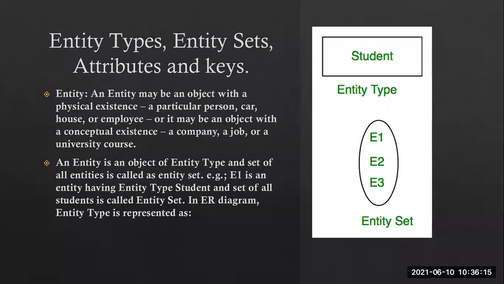E3 represents Aishwarya. These are the entities. In the entity type, if you have records, that is called an entity set. So E1 is an entity having entity type student, and the set of all students is called the entity set. All the students' records will be in the entity type. It is called the entity set here.